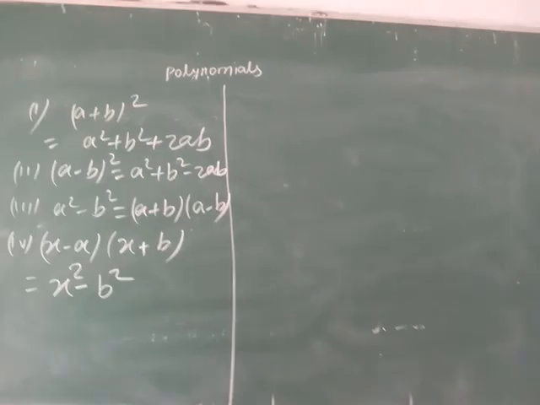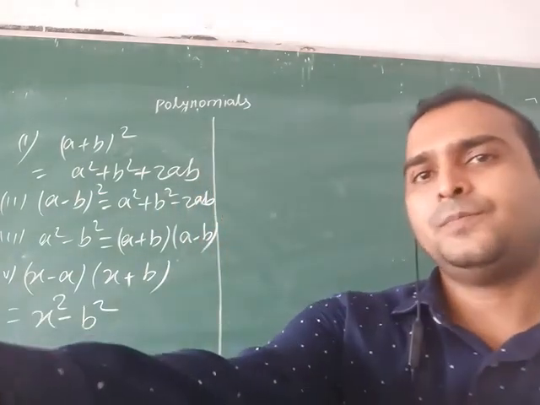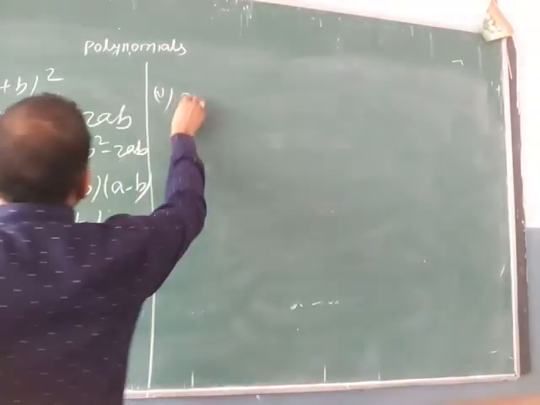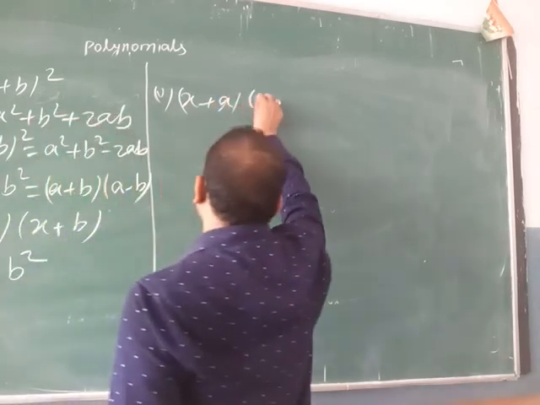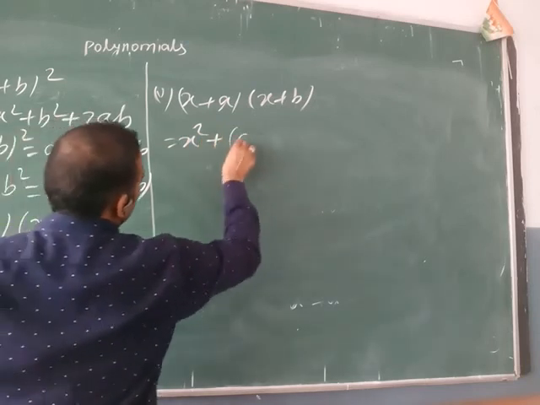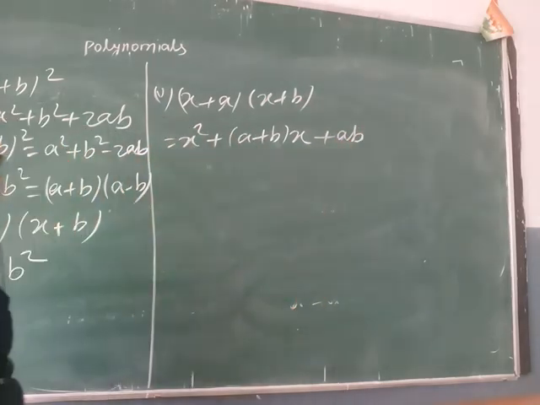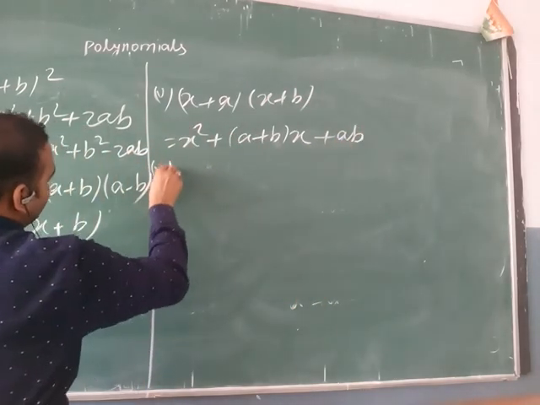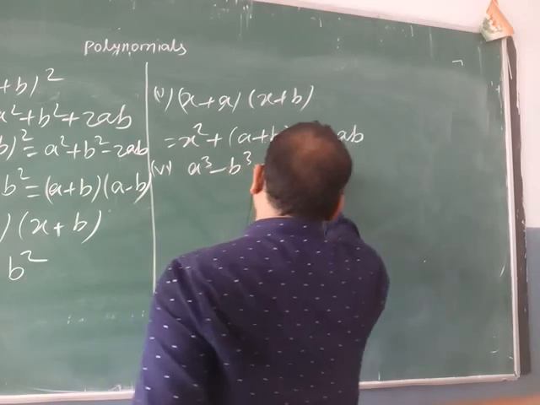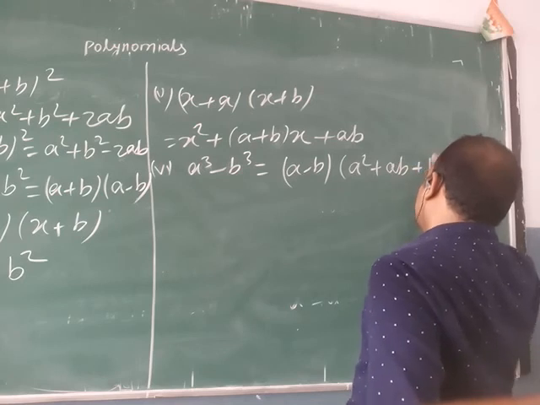Now a few more identities are like (x plus a)(x plus b), that is x square plus (a plus b)x plus ab. Next identity, a cube minus b cube equals (a minus b)(a square plus ab plus b square).